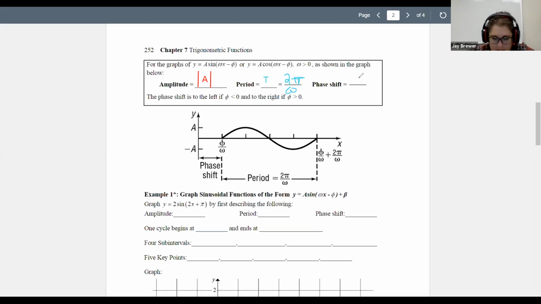And then phase shift is phi divided by omega.